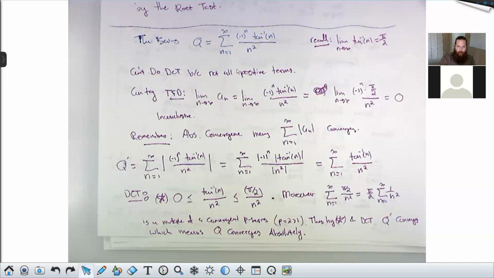It's not a straightforward reciprocal. And at the end of all your alternating series test work, all you would get is that Q converges. You still wouldn't know whether the convergence is absolute or conditional. So you would still need to go back and do this. So why not just do this first? Questions on the series Q?